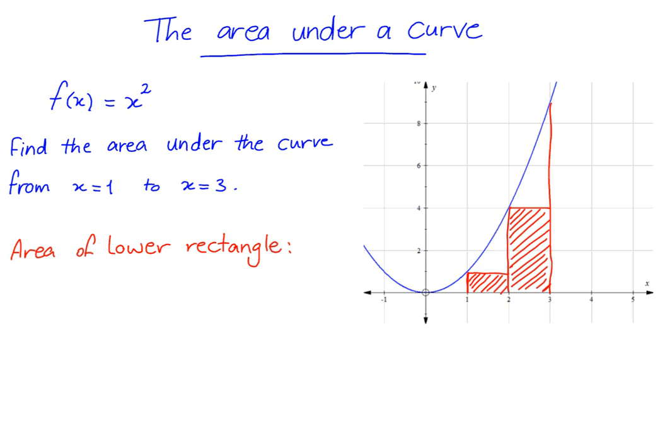So we'll call this the area of lower rectangles, AL. We have two rectangles here, and the area of a rectangle is base times height, and the base here is this length, which is 1 unit, and the height of this rectangle here is the value of the function at 1, so it's f of 1.